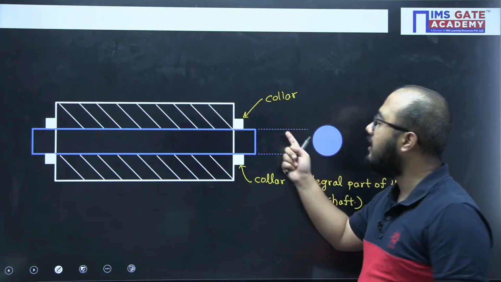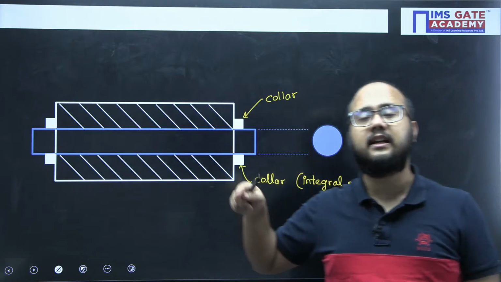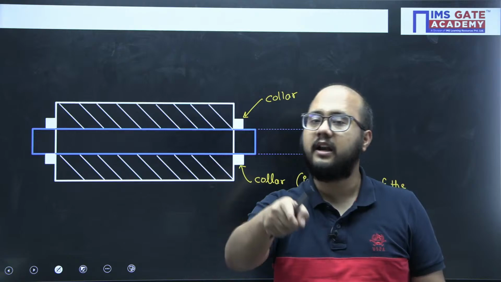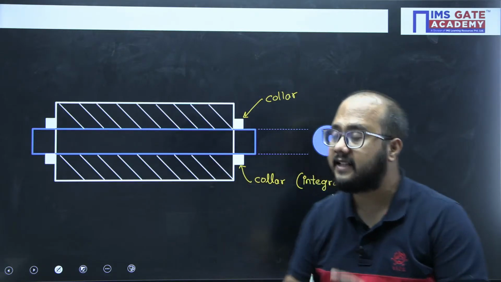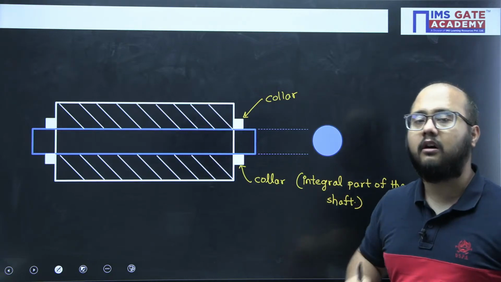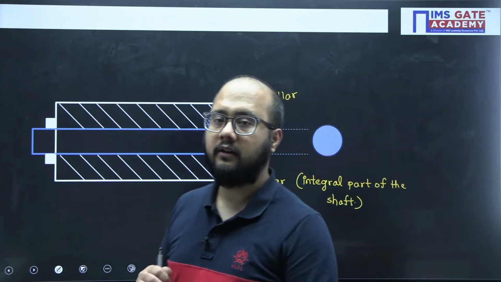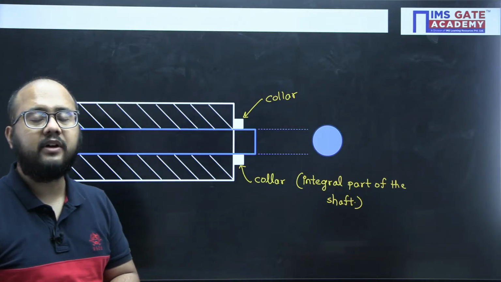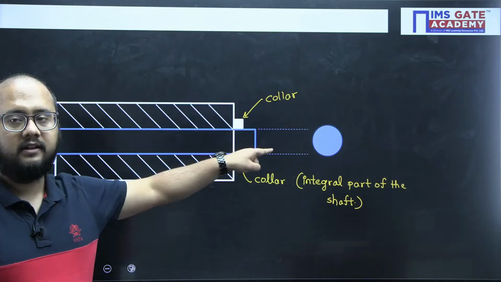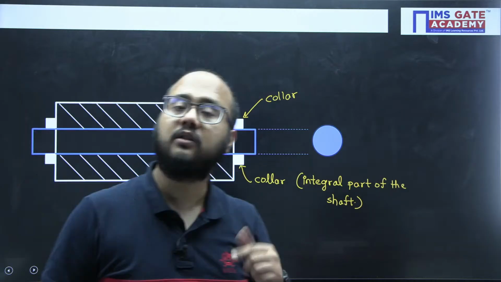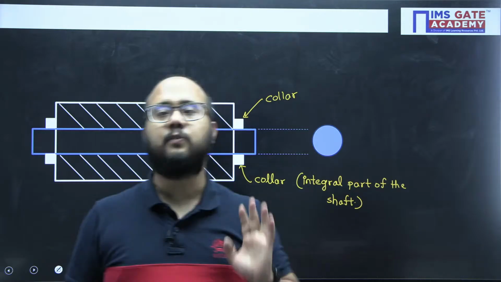If it is an external part, then I would say that there is some external means through which I have restricted the sliding motion. But in this case, collars, as I already mentioned, are an integral part of the shaft. How can you call it an external thing here? We can't say it is an external thing. So please understand, whenever there is a shaft in a hole with collars, then only rotation is possible.